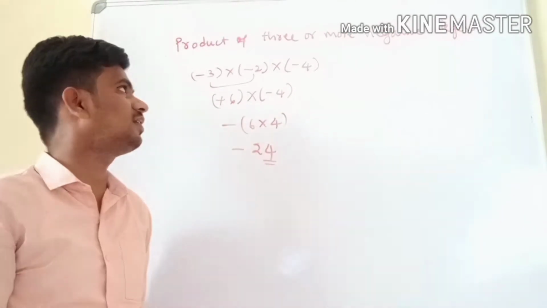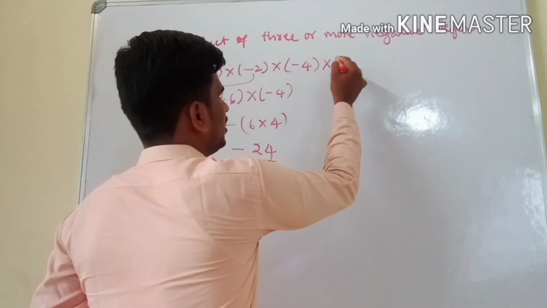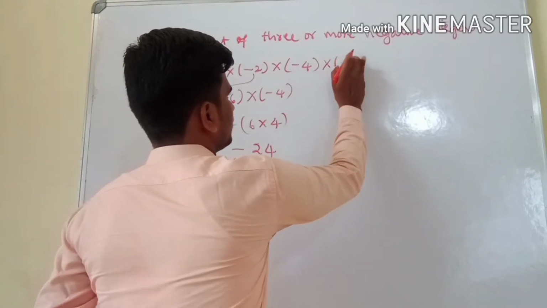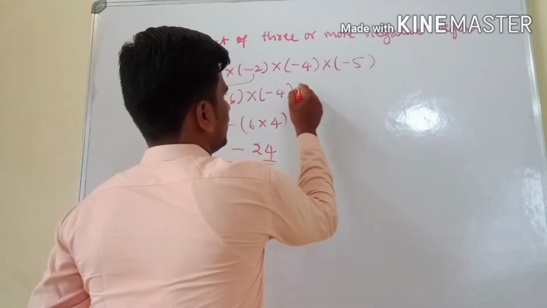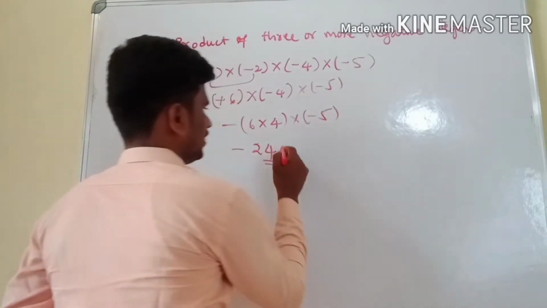Here we have considered three negative integers. What happens if we consider four? That means you consider another negative integer, suppose minus 5. Then here into minus 5.